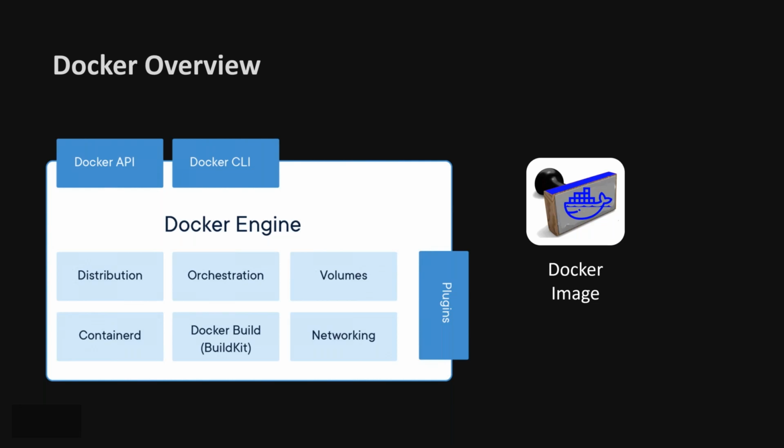Now, what this Docker engine does is it builds and manages Docker images. I'm going to try to draw the distinction here between a Docker image and a Docker container, because we in the biz just call them containers. Now, a Docker image, if you have any experience with virtual machines, you might recall that there was a gold standard virtual machine from which all other virtual machines would spin up.